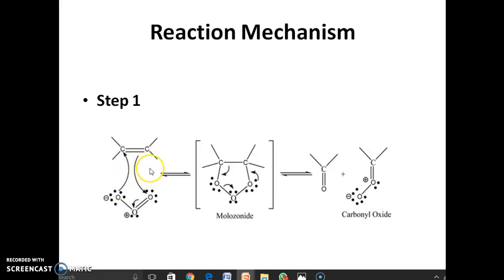By this reaction, we can see the formation of a highly unstable, reactive intermediate species called mono-ozonide. This mono-ozonide further gives rise to a carbonyl compound and a carbonyl oxide. One part gives the stable carbonyl compound, the other part gives the carbonyl oxide.